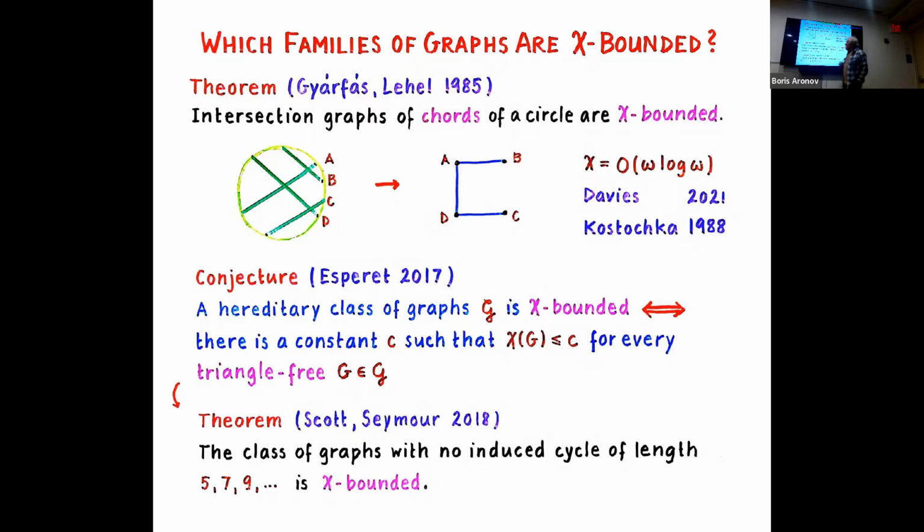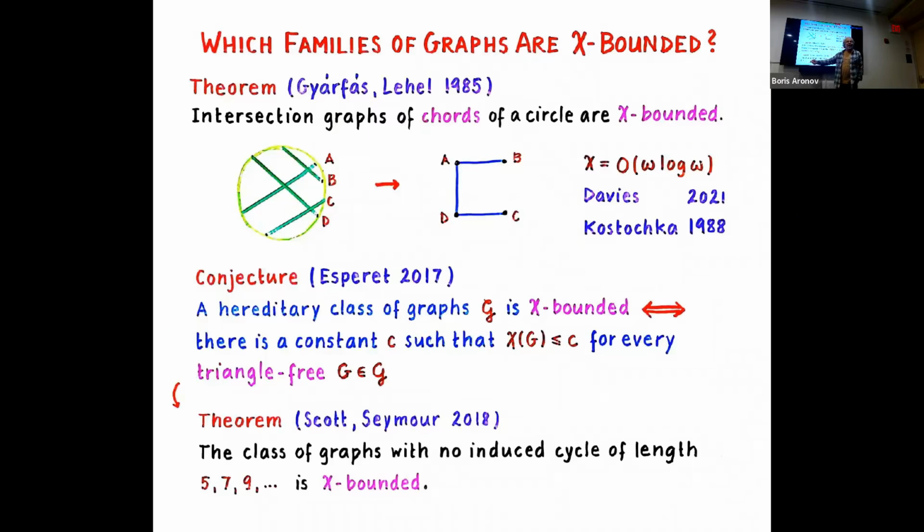Now assume that this conjecture is true. Then it is enough to check whether it is chi-bounded for triangle-free members of the family. But if I look at the triangle-free members of the family, it doesn't contain a triangle, doesn't contain a cycle of length 5, 7, 9, doesn't contain any odd cycles.